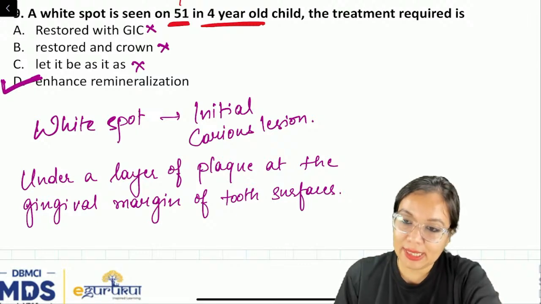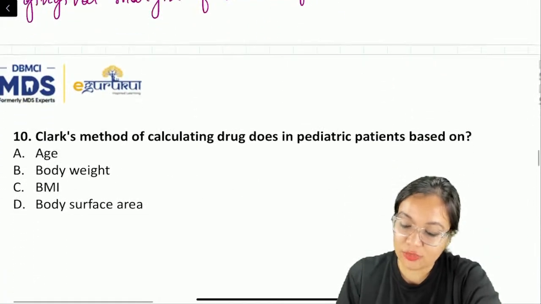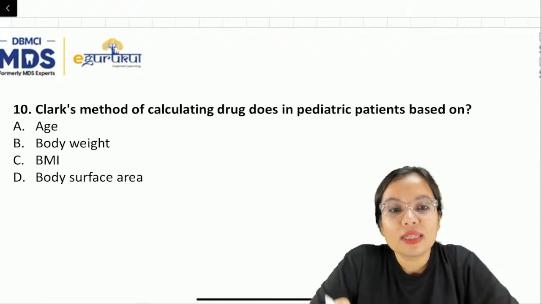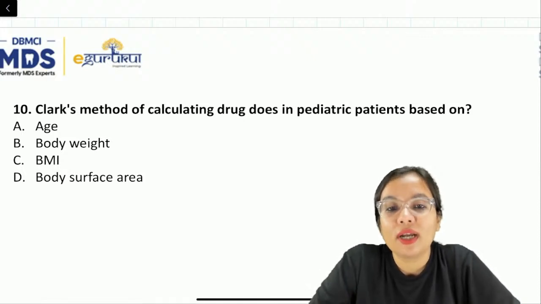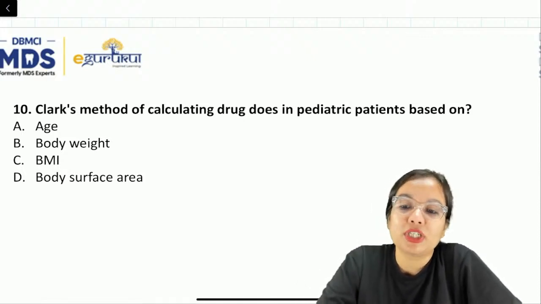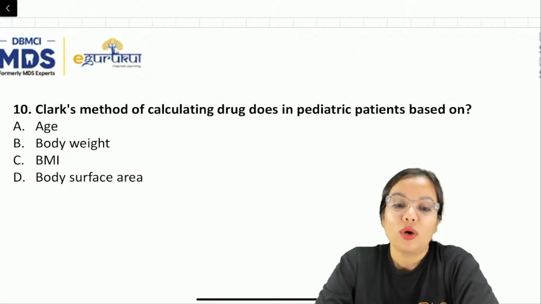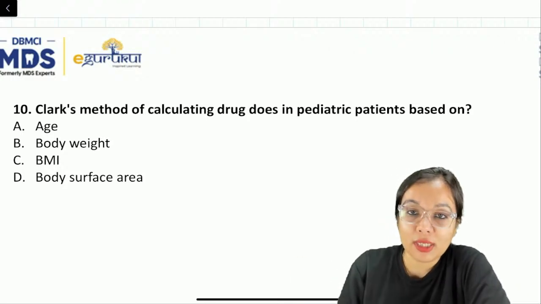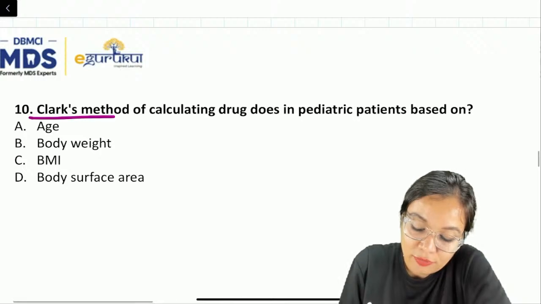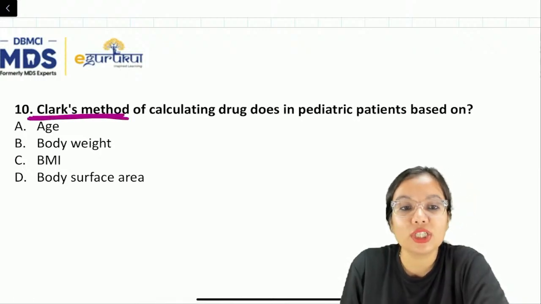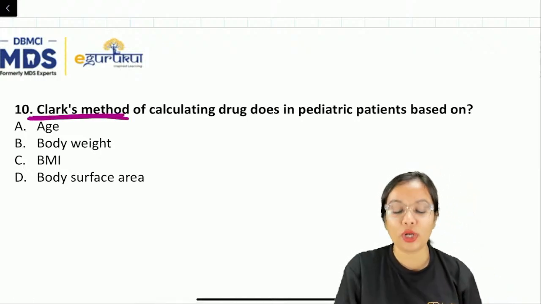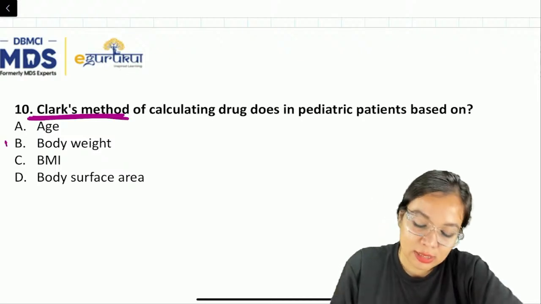Okay, so that gets us to the 10th question, which is Clark's method of calculating drug dose in pediatric patients is based on what? So Clark's method of calculating the drug dosage is based on body weight. So the answer here is body weight.